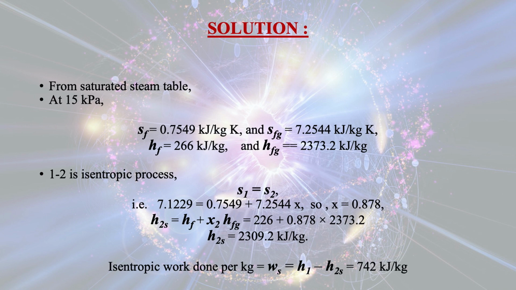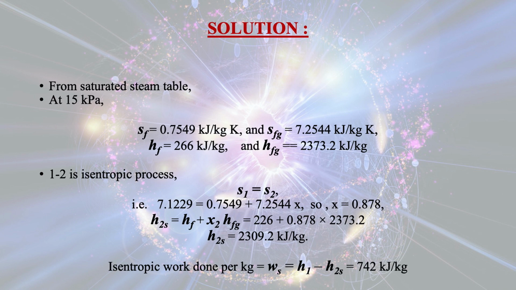From the saturated steam table at 15 kilopascal, you get this information about the entropy, that is SF is equal to 0.7549 kilojoule per kgK and SFG is equal to 7.2544 kilojoule per kgK. HF you will get 266 kilojoule per kg and HFG is equal to 2373.2 kilojoule per kg.